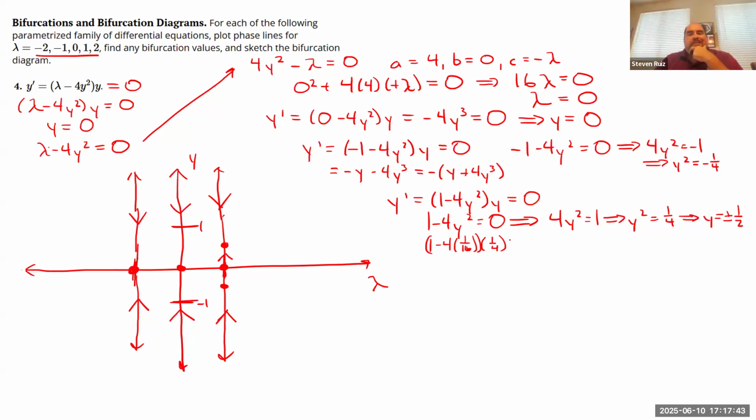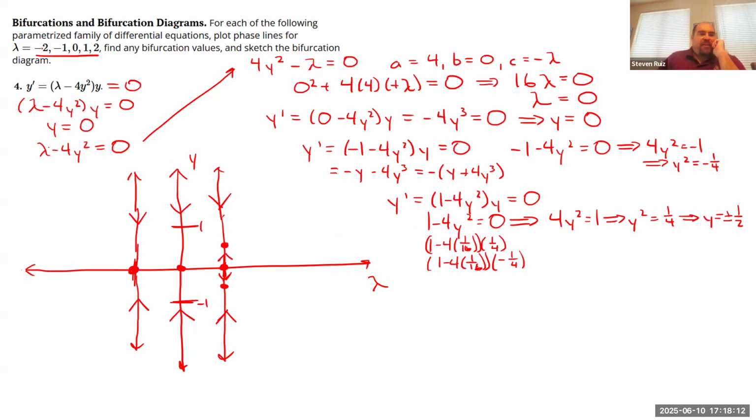What about when I plug in a slightly negative value? I don't think it matters. But let's make sure. Actually, I lied to you. I do think it matters. Because 1 minus 4 times, what's negative 1/4 squared? Still positive 1/16. But then I'm multiplying that on the outside by negative 1/4. So that's going to be a negative. Okay.